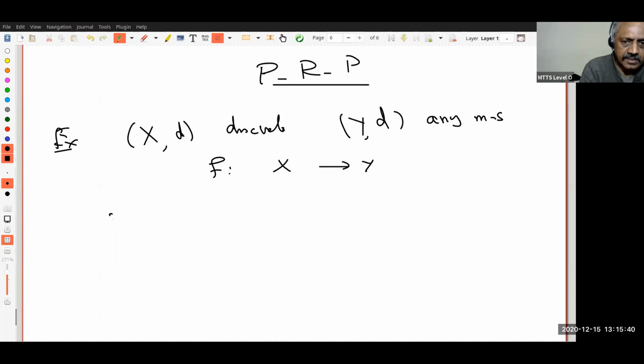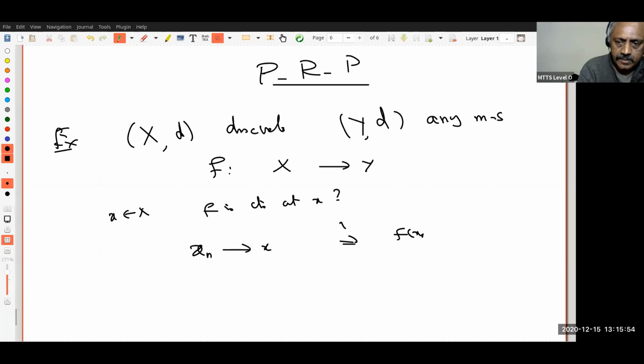Let there be a sequence xn which converges to x. In this metric space, I want to know whether f of xn converges to f of x.